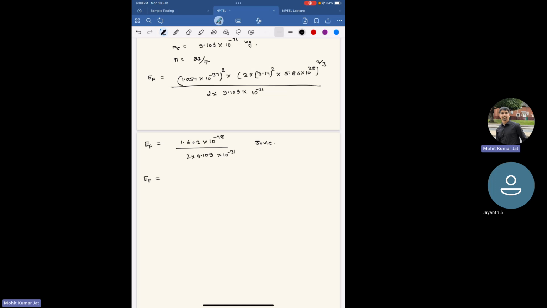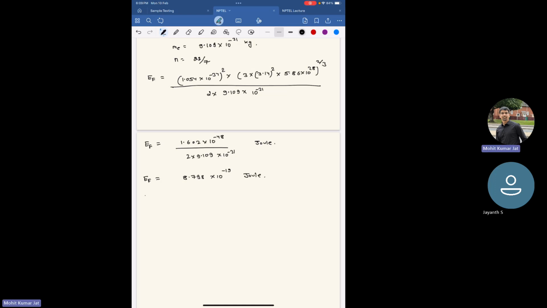Divide by 2, divide by 9.109. This gives me 8.798 into 10 power minus 48 minus minus 31, which is minus 19 joule.